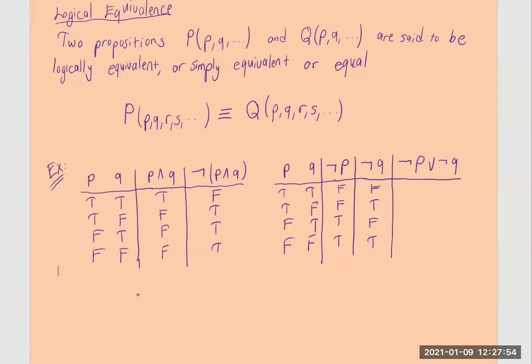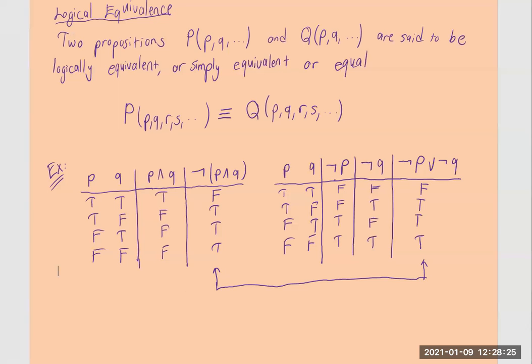So our operation for those two propositional statements: false, false is going to be false. False, true is going to be true. True, false, true. And true, true is true. So when we look at those two propositions, inside of those propositions there are the P and Q sub-propositions.